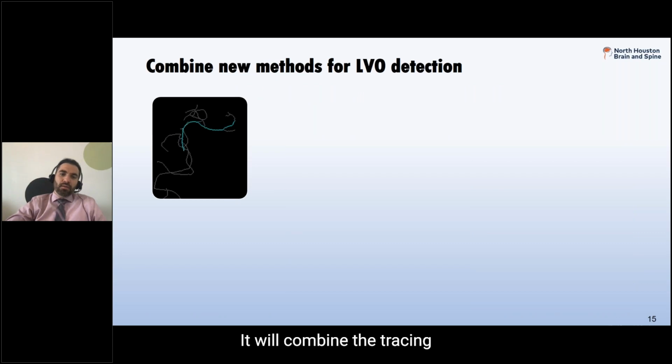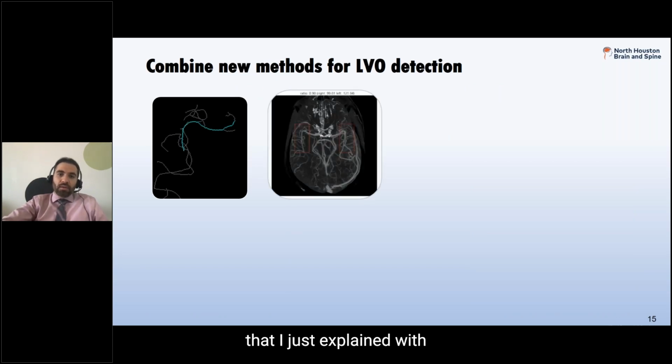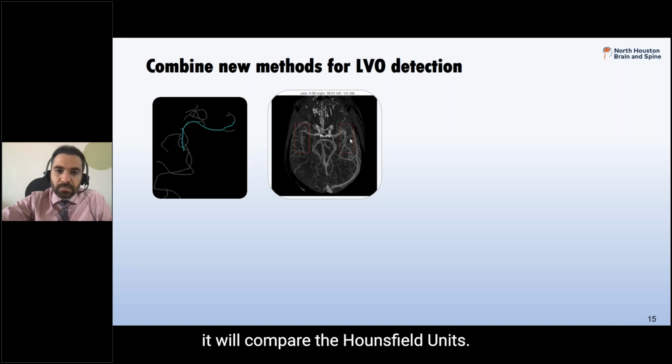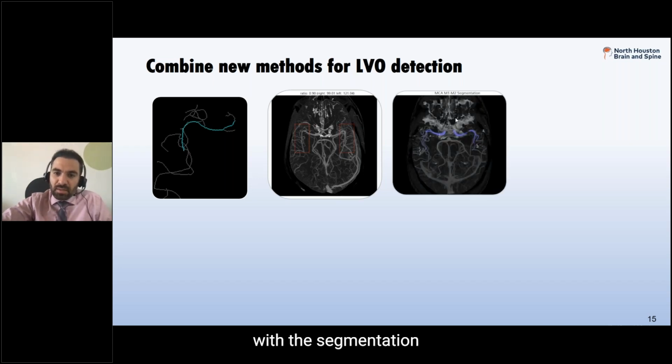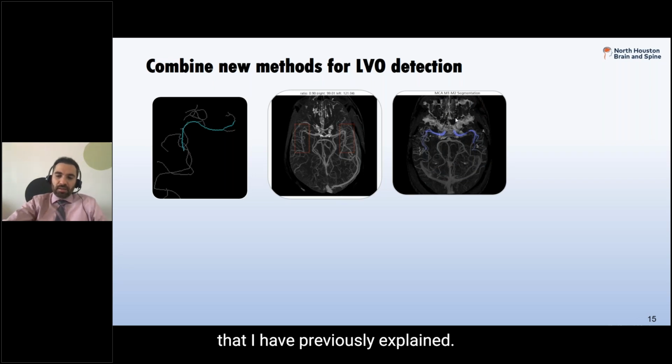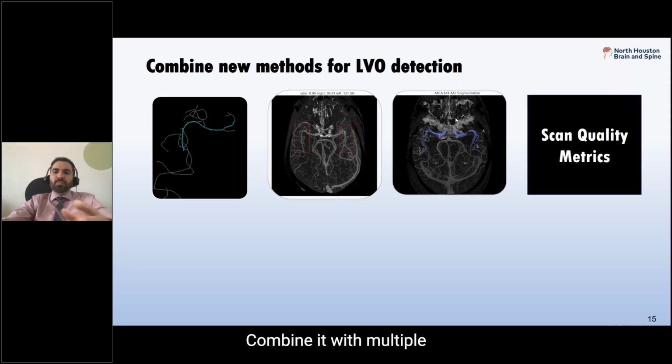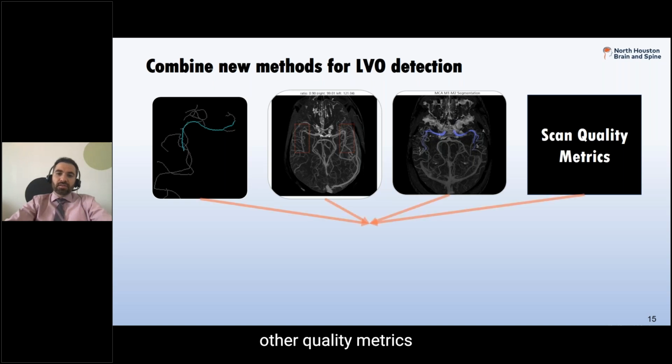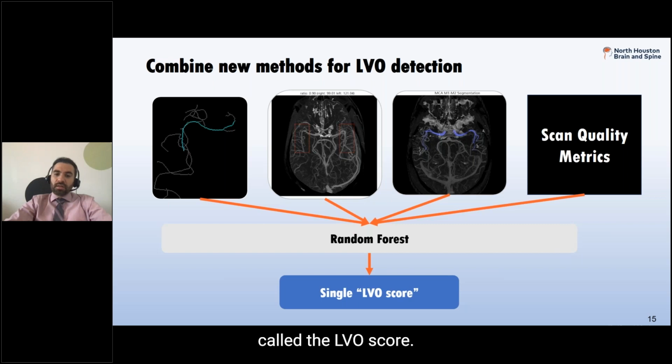It will combine the tracing that I just explained with a comparison of the Hounsfield units, right versus left. And it will combine it with the segmentation that I have previously explained, along with multiple other quality metrics, to form a single score called the ELVO score.